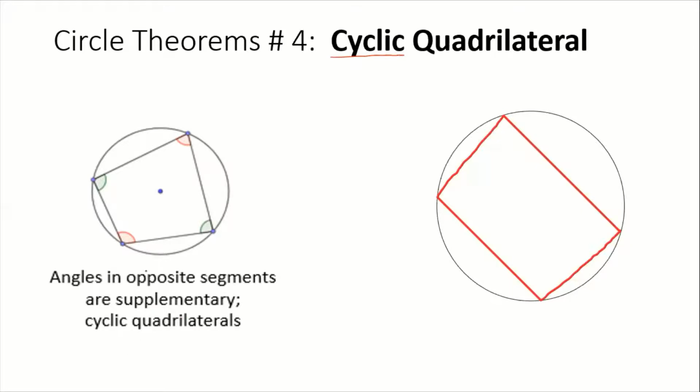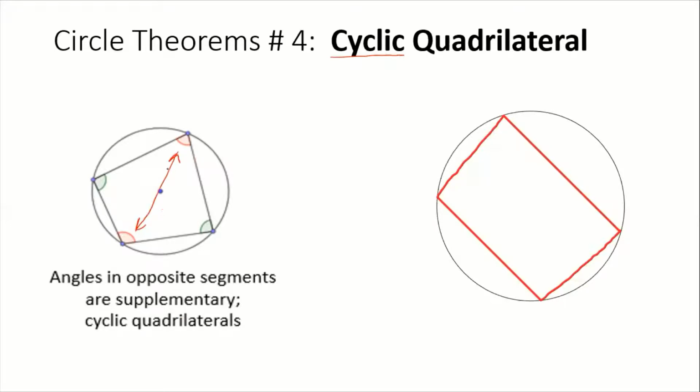So in a cyclic quadrilateral, what you know is that opposite angles sum to 180 degrees. As you can see here, these two angles are opposite to each other.